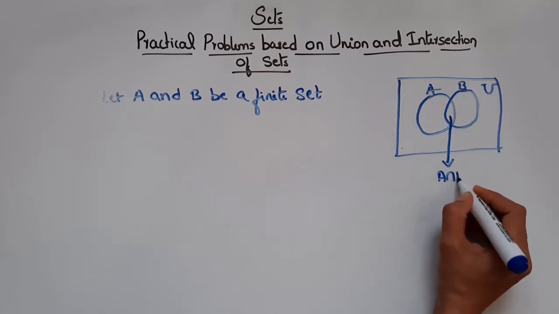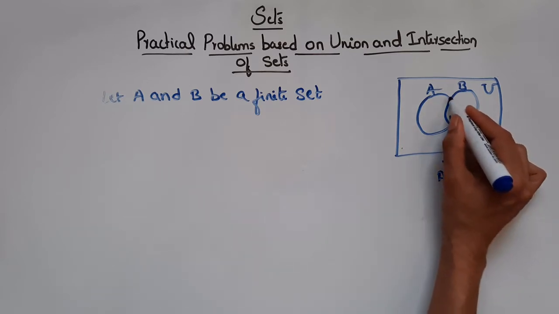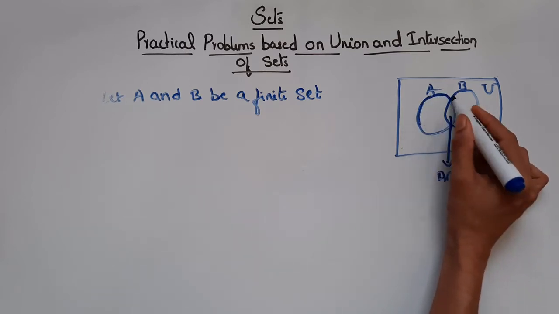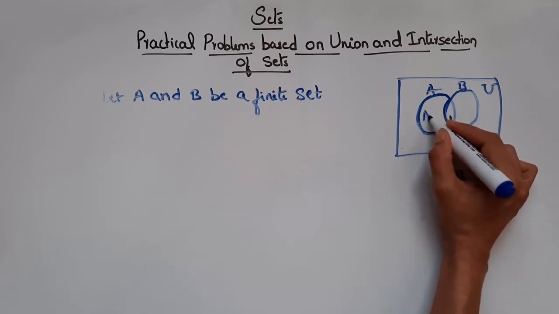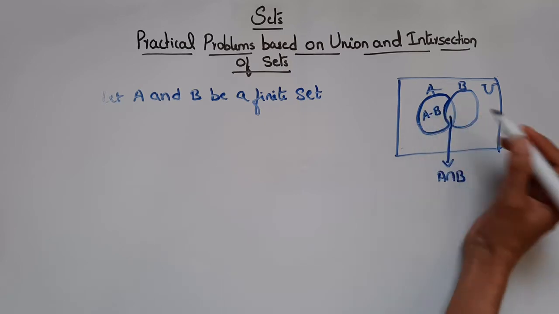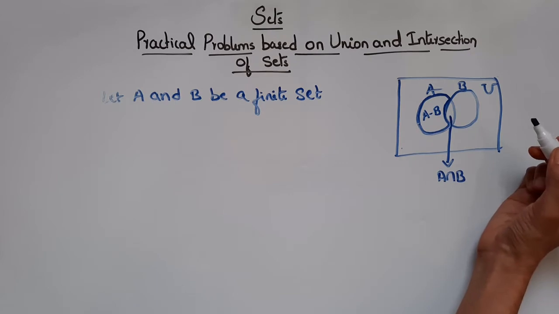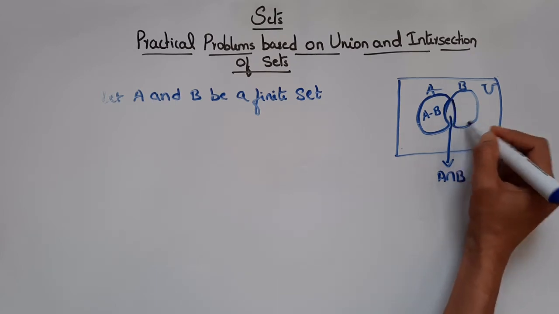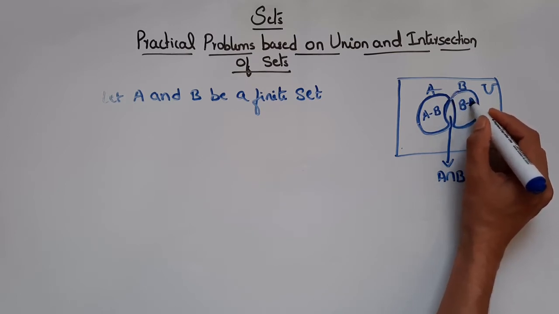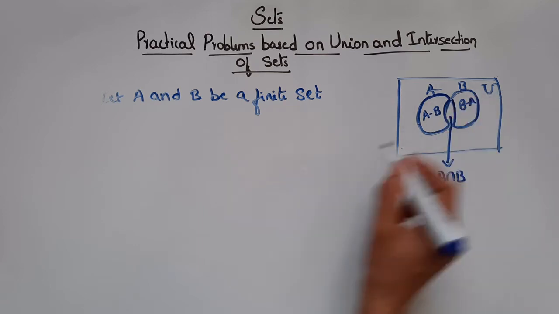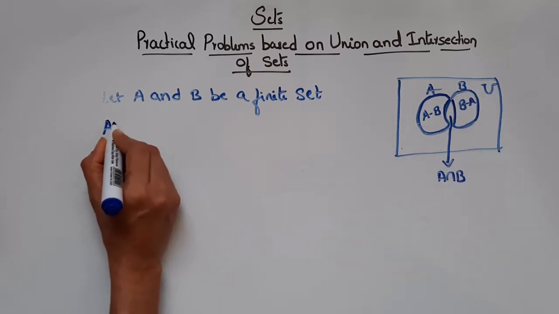A intersection B, right? Now what is this region? This is A minus B, agreed? And similarly, what is this? B minus A, right? So now from the Venn diagram, what is A union B?